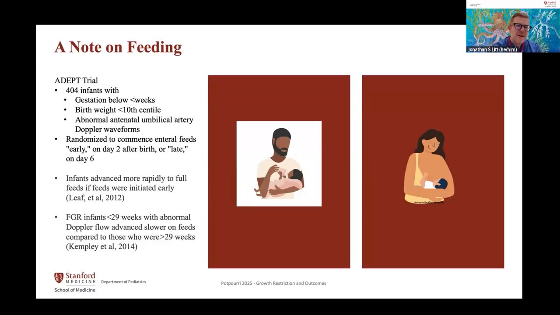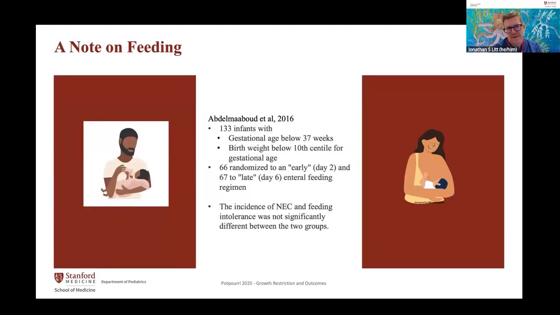And they found that infants advanced more rapidly to full feeds if we started earlier, and they tended to tolerate feeds better. For the infants who didn't tolerate their feeds so well, it really was gestational age dependent, with infants born under 29 weeks having a bit more difficulty.